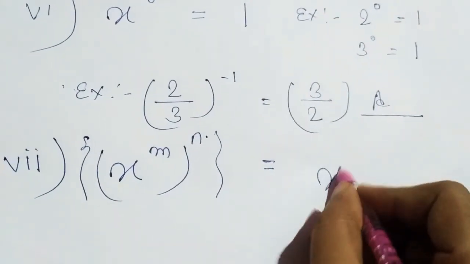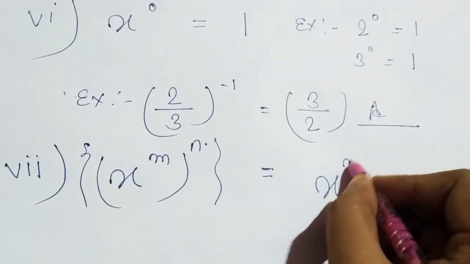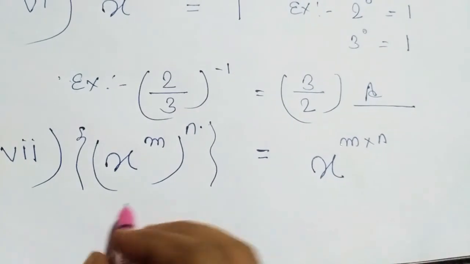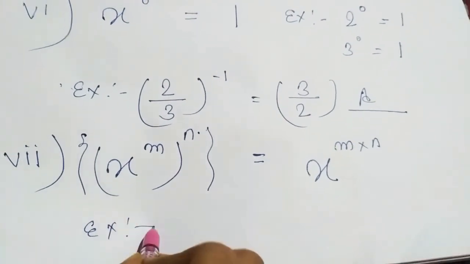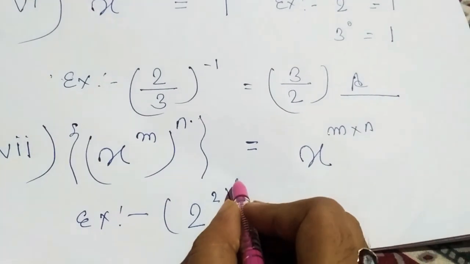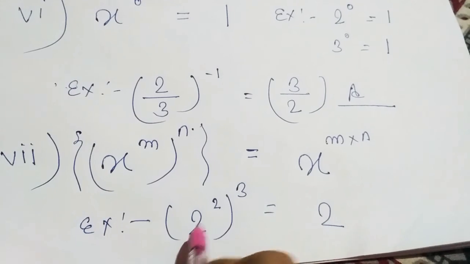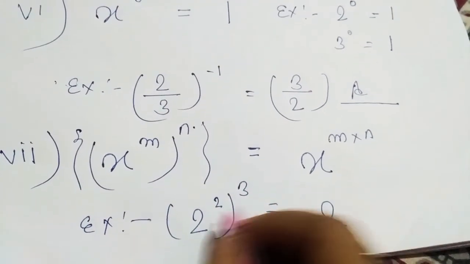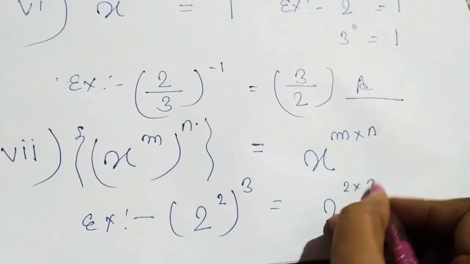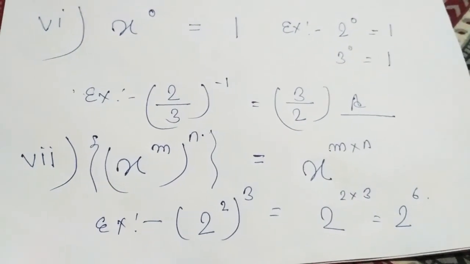Simply you have to write the base and multiply the exponents, m into n. Just I want to take an example here, 2 to the power 3 whole to the power... then what you have to do? Just take 2 as a base and multiply the powers. So 2 into 3, 6.